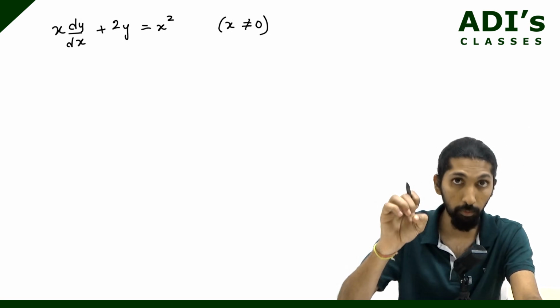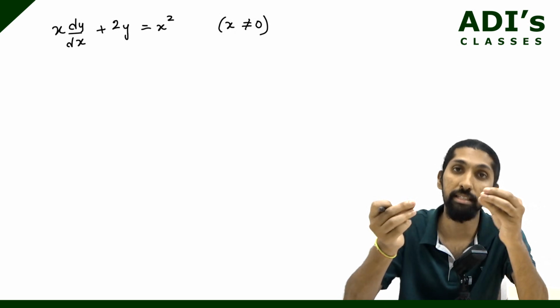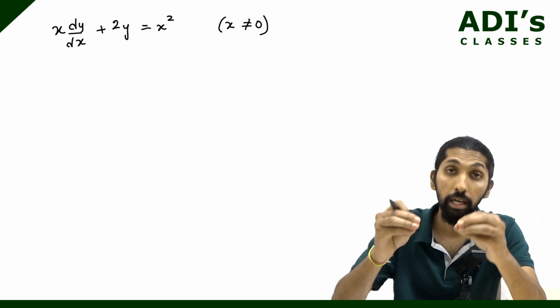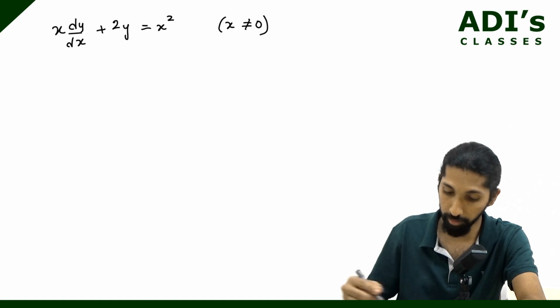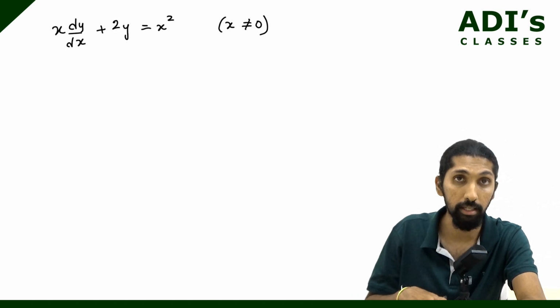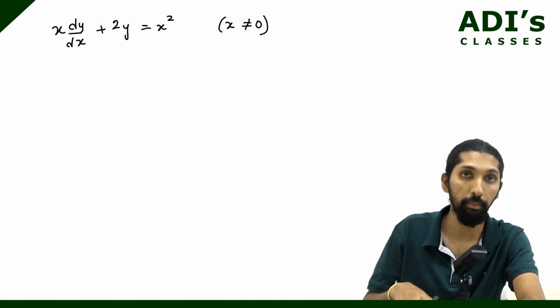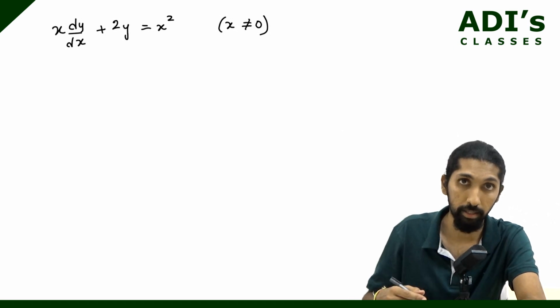First and foremost, is it in the standard form? If not, get it in the standard form. Basically, we divide the entire thing by x, because what we need is just dy/dx, not x dy/dx.